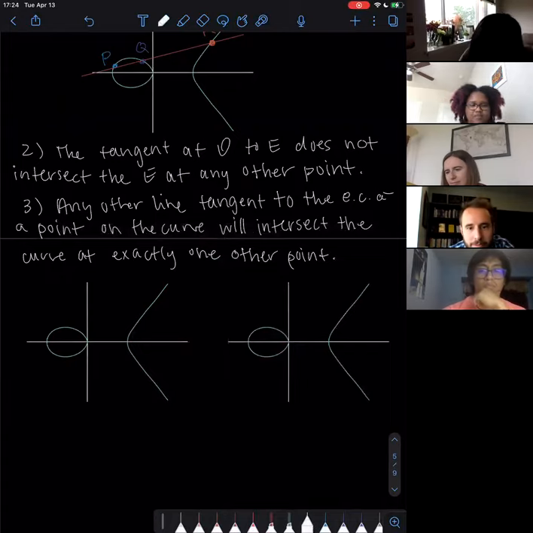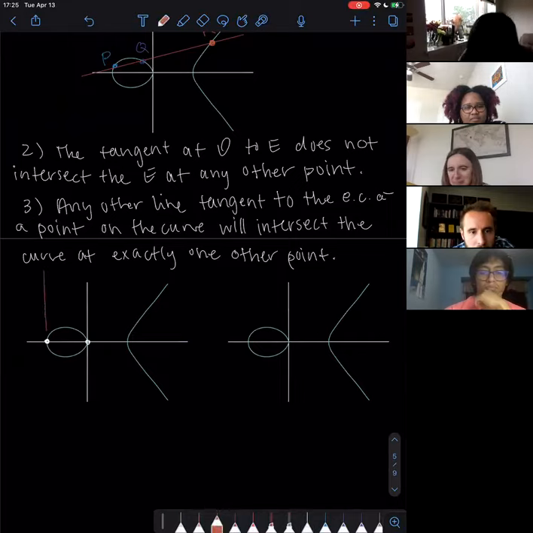There's this weird point here that has a tangent line, I guess also corresponding here with the vertical line, right? But we can also have non-vertical tangent lines that look something like that. And it will intersect the curve at exactly one other point.